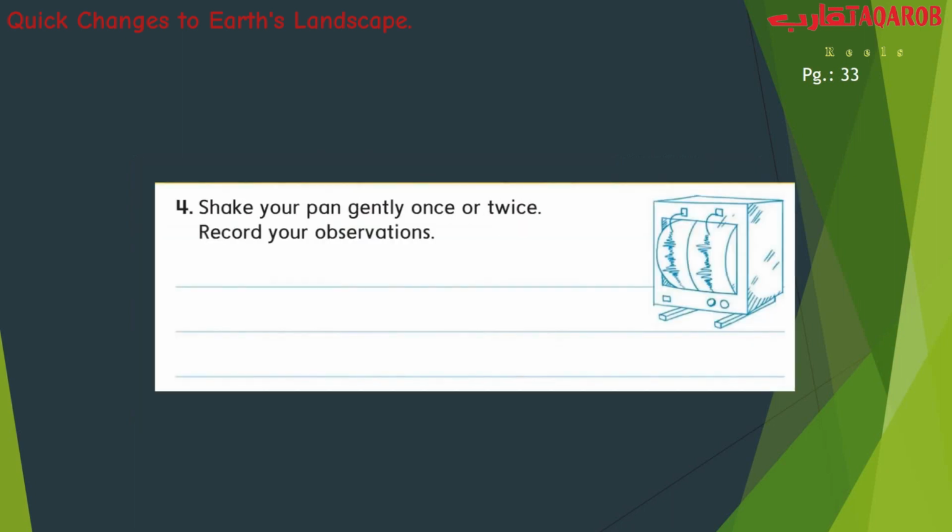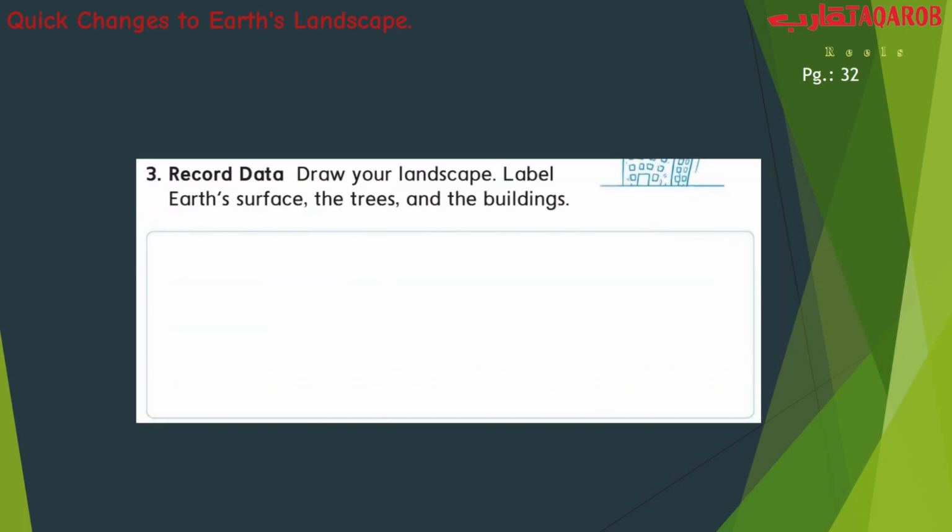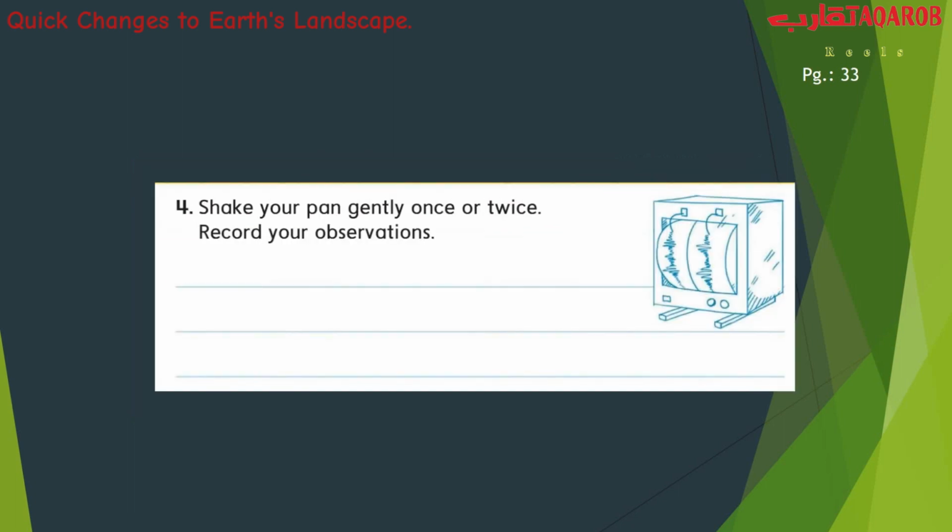Before shaking, you draw here. Now, after, shake your pan gently once or twice. Record your observation. So you have to record your observation after shaking here. The sand cracked in a few places and one of the buildings almost fell over.